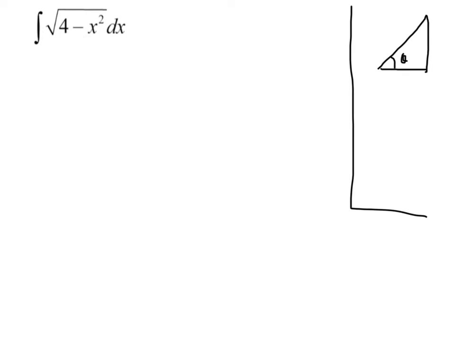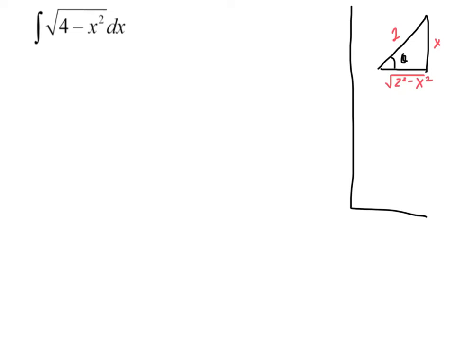Well, in the Pythagorean theorem, when we have subtraction, then we must know the hypotenuse. The hypotenuse must be 2. And then this must be x. And then this is the square root of 2 squared minus x squared. So now we've perfectly mimicked the Pythagorean theorem with this triangle.